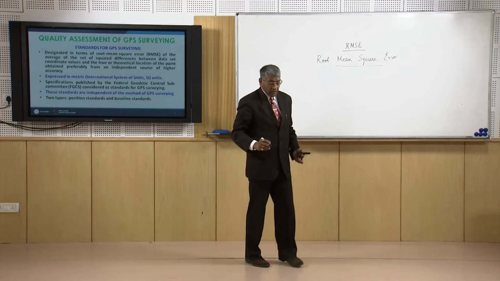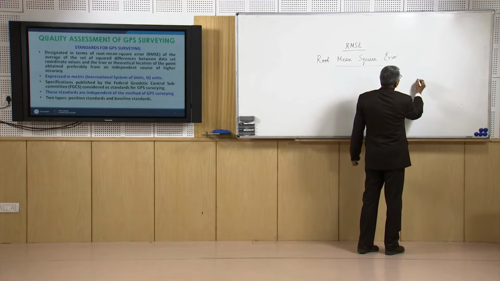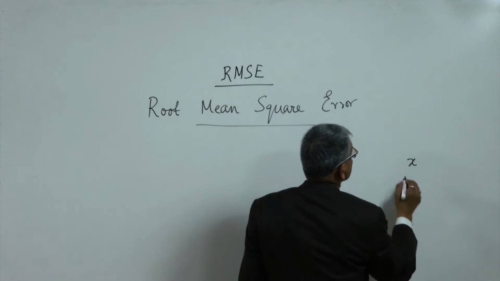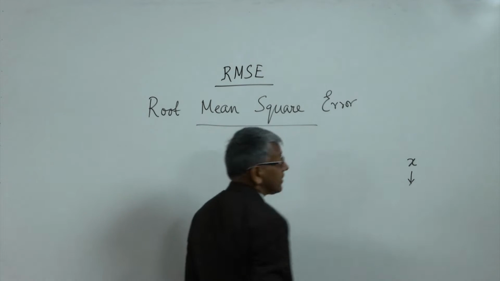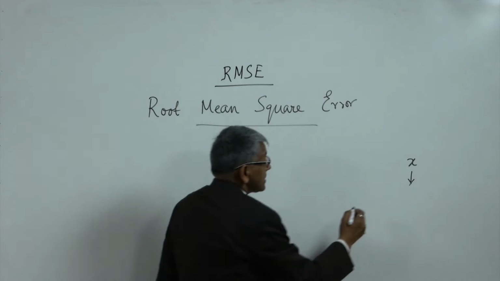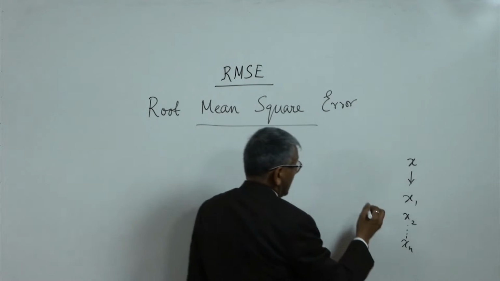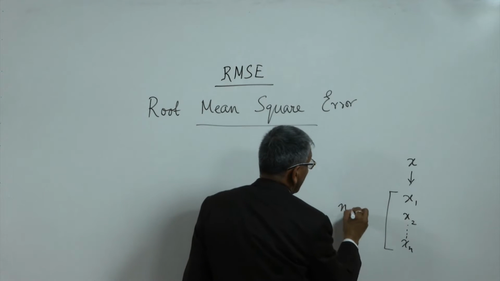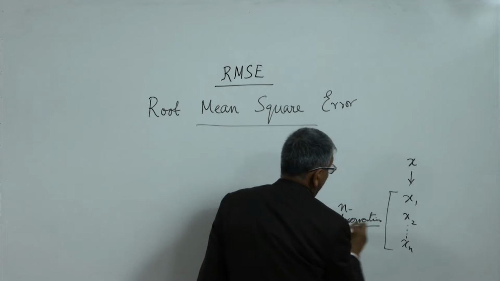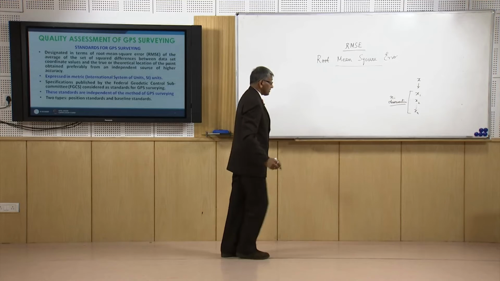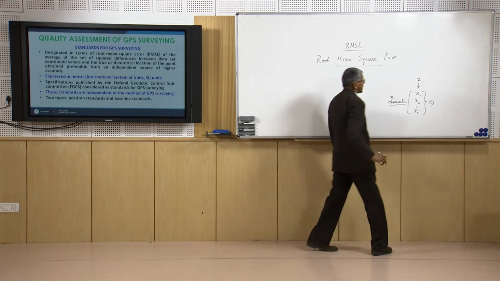Now, suppose for any parameter the true value is x, and for that parameter we have taken n observations, suppose x1, x2, up to xn. Now, for this set of observations, what is the root mean square error?